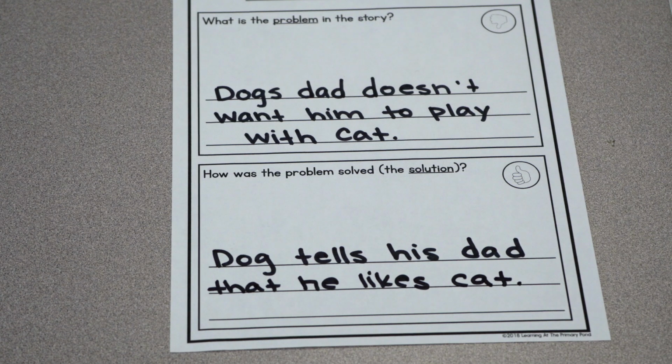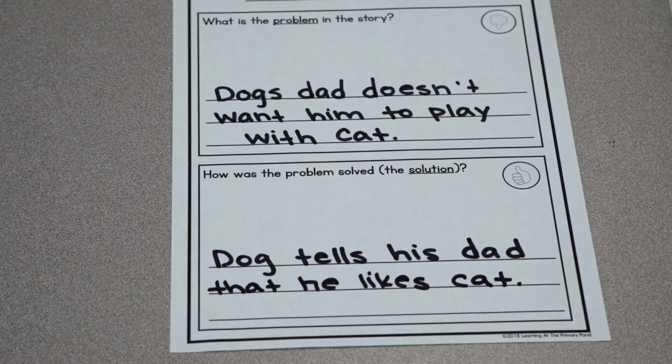And then that makes Dog's dad realize that dogs and cats can actually be friends, and then they can go back to having a play date. So you can choose to either write it, you can draw a picture, you can write and draw a picture, or you can record the problem and solution for one of your own fiction stories.